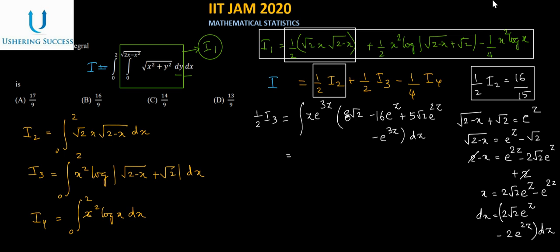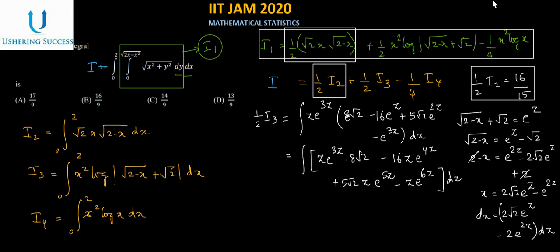So this can be written as integral of z e to the power z e to the power 3z into 8 root 2 minus 16 z e to the power 4z plus 5 root 2 e to the power z e to the power 5z minus z e to the power 6z dz.